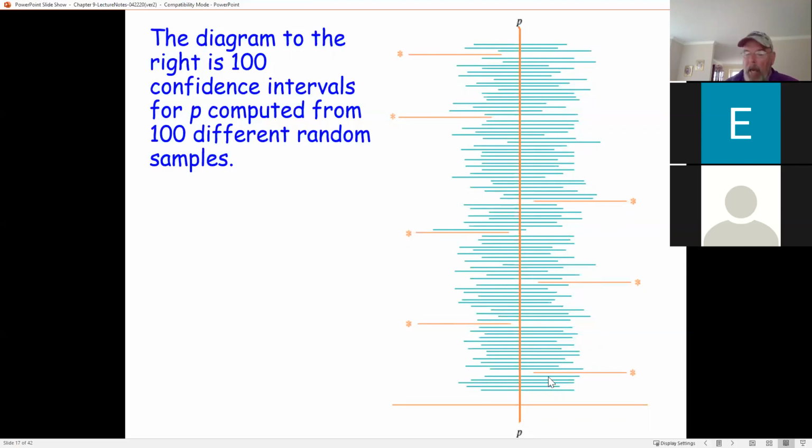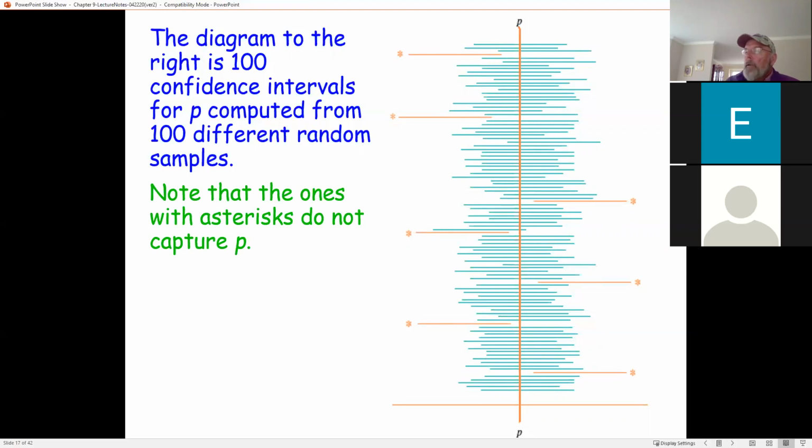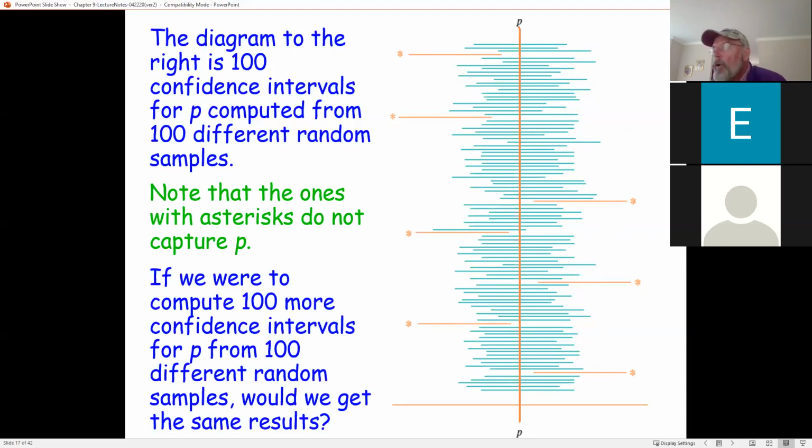If we did this again, we probably would get different values, but over and over again, 5% of the intervals will miss p, and 95% will capture p.